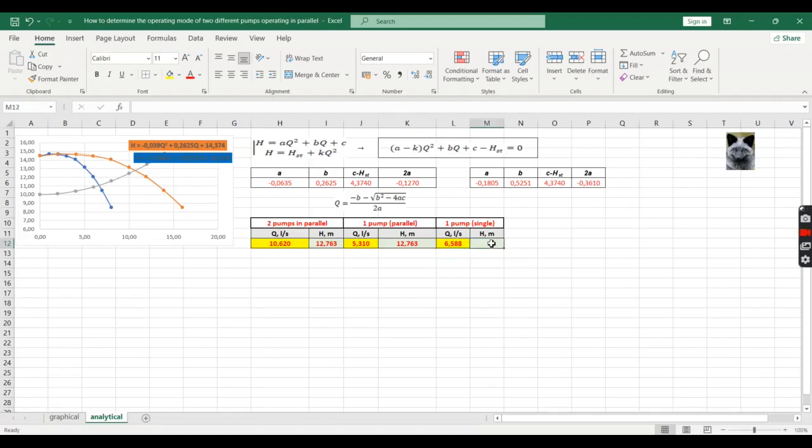For the head, we just have to use the equation describing the head curve.